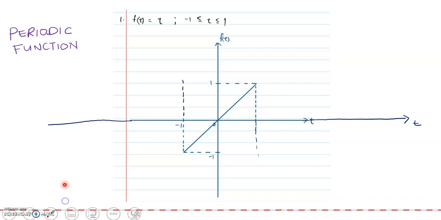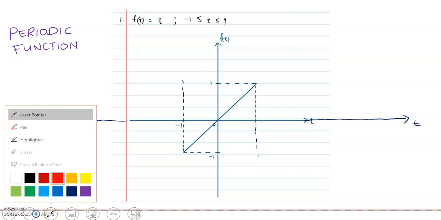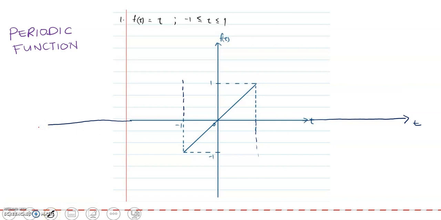We have done the sketching of the function between -1 and 1. So in order to determine the fundamental period, we just need to find out the size of the interval. From -1 to 0, the size of the interval is 1. From 0 to 1, also 1 unit.